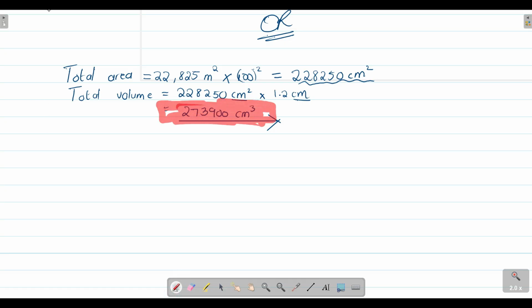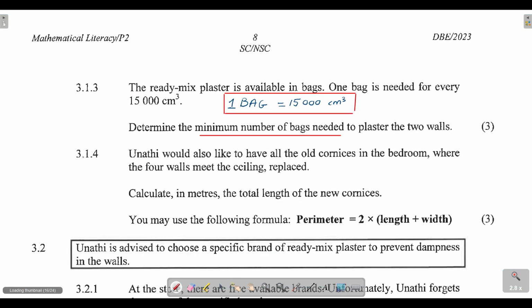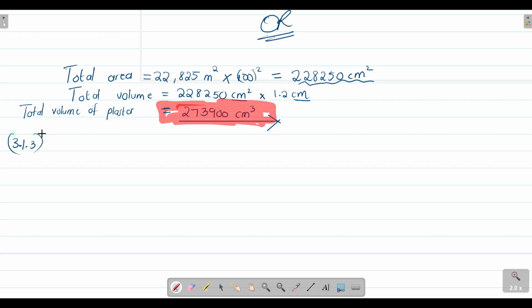That is the total volume of the plaster needed. If we already have the total volume, and now we want to determine the minimum number of bags needed, what do we need to do? Do you see that we can use this equation to help us determine how many bags we will need?